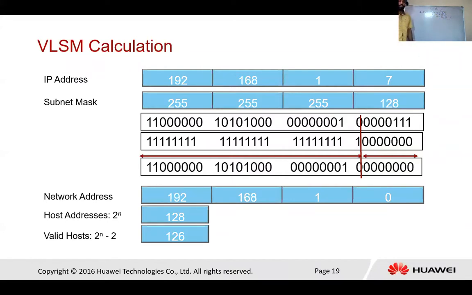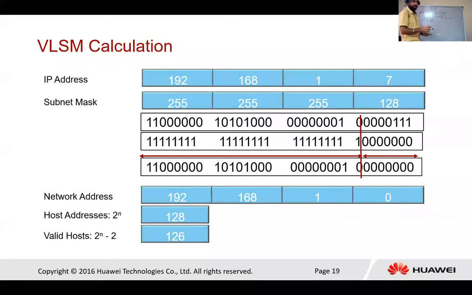Here the number of host addresses is 2 raised to the power n. What is n? n is the total number of host bits, which is 7 in this case. So 2 raised to the power 7 is 128.